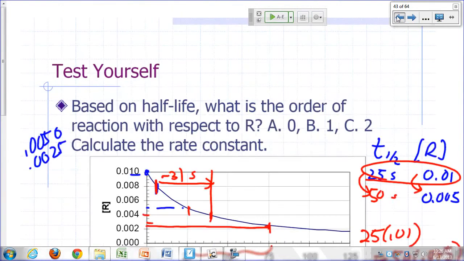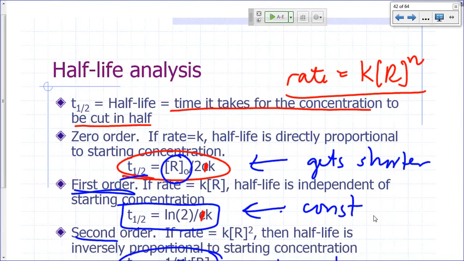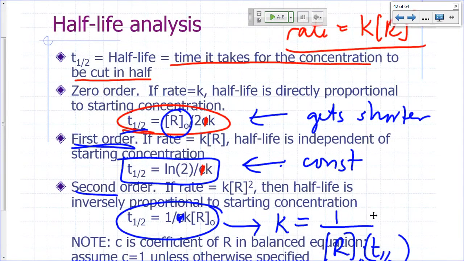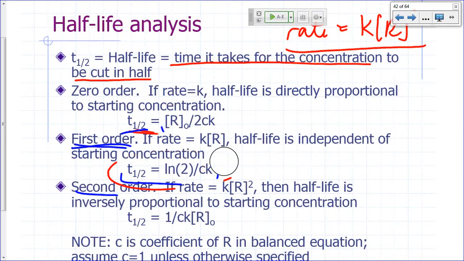Going back right here. Look, the half-life gets longer if it's second order. The half-life is constant if it's first order. So in fact, what is our rate constant here?